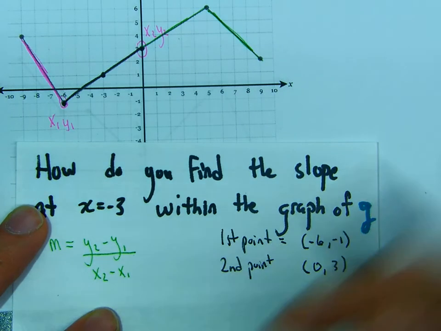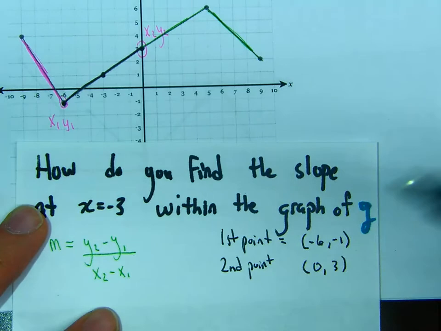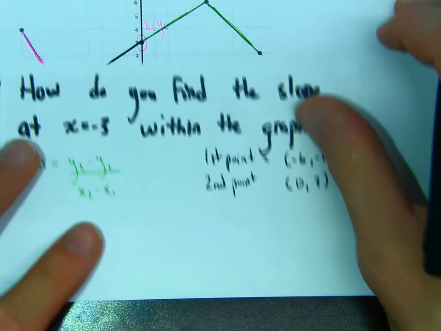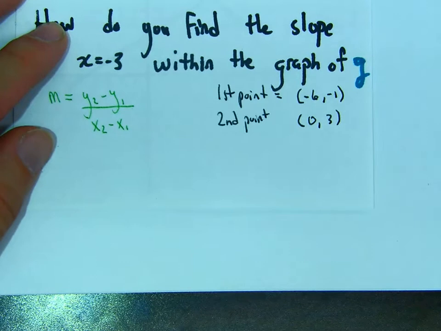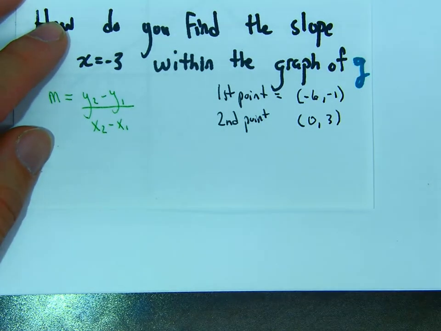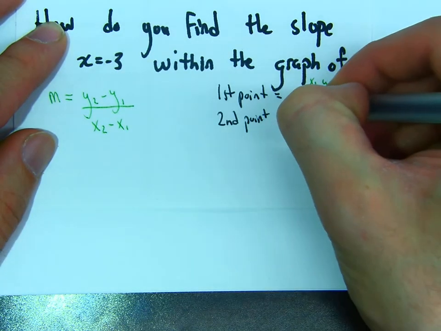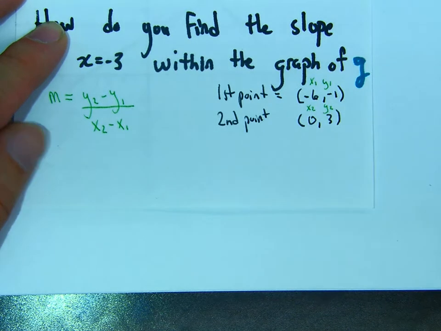Okay, if I give you these 2 points that are on this line, find the slope of the line, right? What would you do? Take your time. Pause the video and find the slope using the slope formula, and these are our points, right? This is my x sub 1, y sub 1, x sub 2, y sub 2, and we substitute the values.